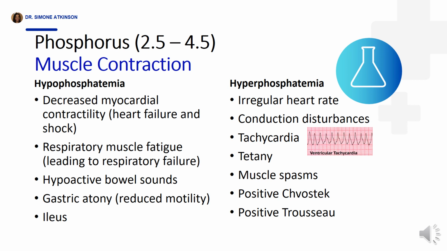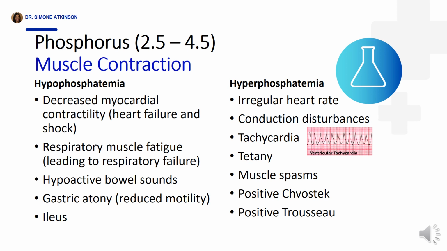So with low phosphorus levels, the symptoms would include reduced muscle contractions, potentially leading to complications like decreased myocardial contractility, possibly leading to symptoms such as heart failure and shock, respiratory muscle fatigue, which can escalate into respiratory failure, hypoactive bowel sounds, diminished gastric motility, and even an ileus.